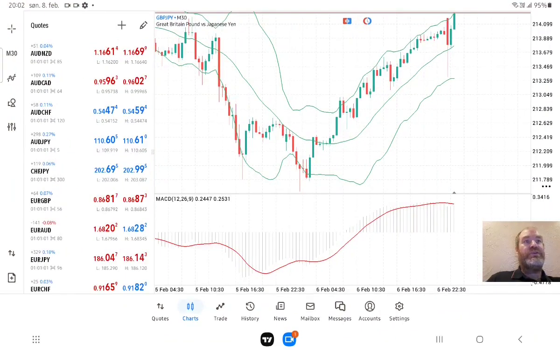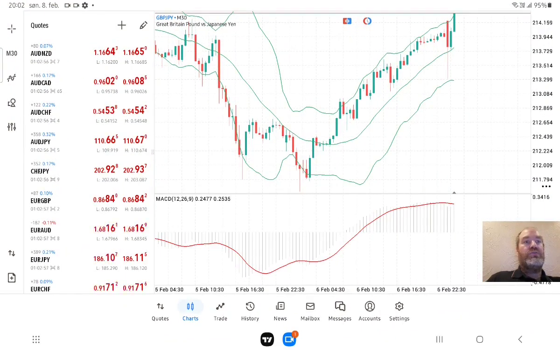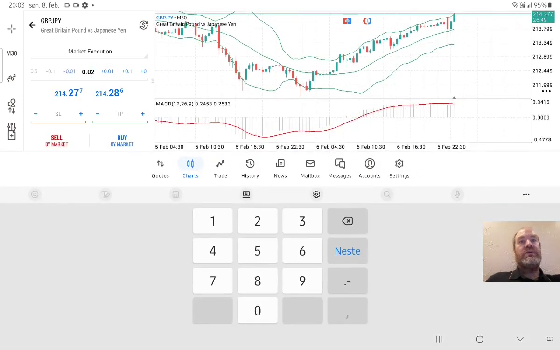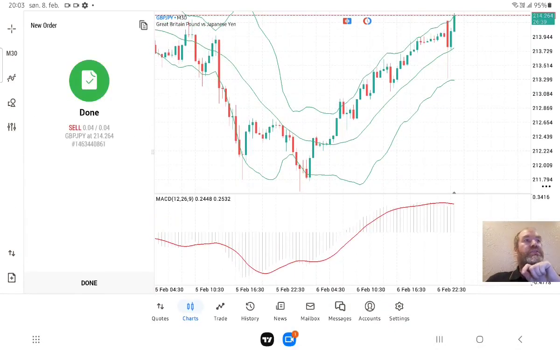And let's take a trade here. Now let's just see where to push to get the trade. I guess it's this there. Okay, let's take 0.4, and we take a sell trade there.